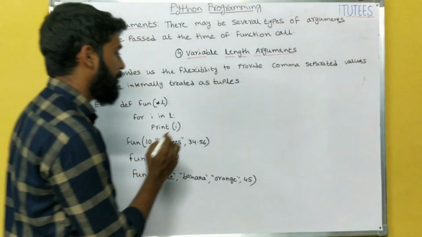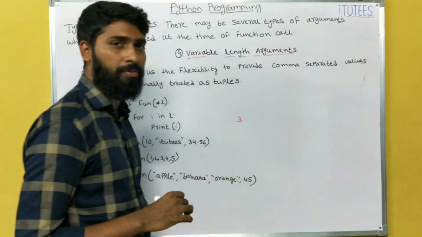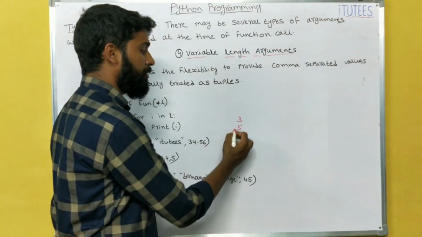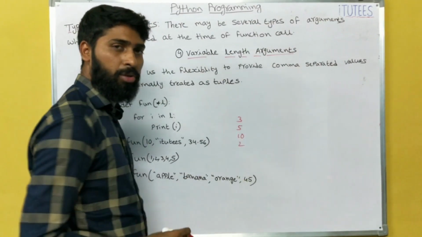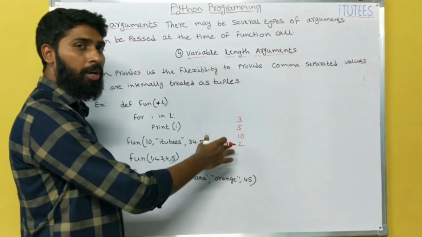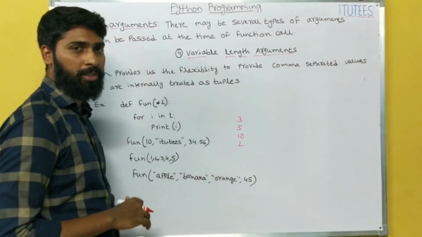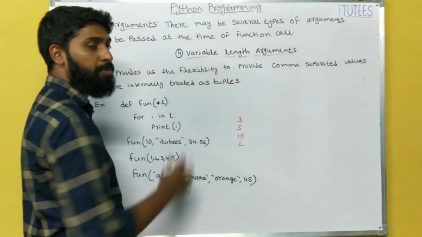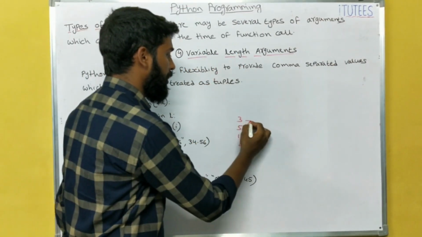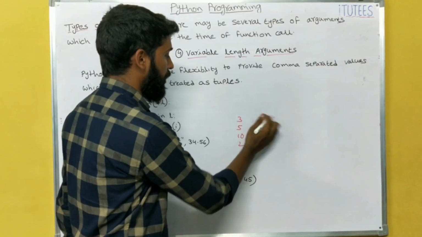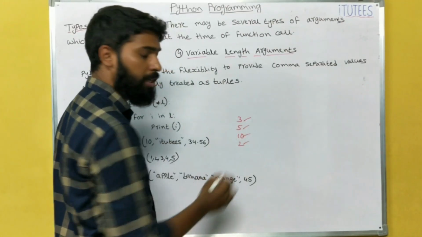Sometimes I pass 3 arguments to a function, sometimes 5, sometimes 10, sometimes 2. We don't know how many arguments we are going to pass to the function. At that time we use variable length arguments. So variable length means here the length of the arguments is 3, here 5, here 10, here 2.